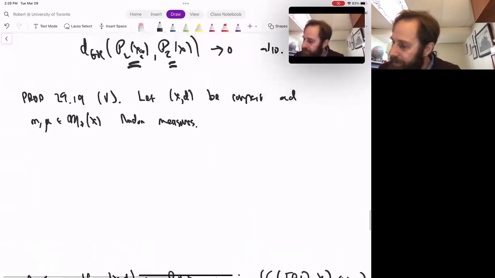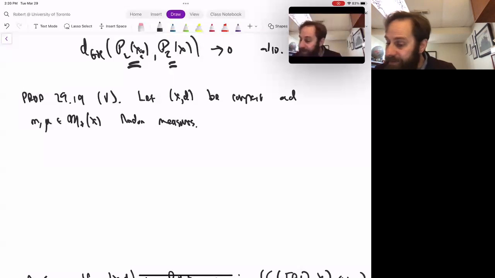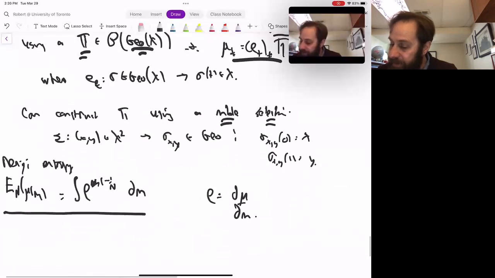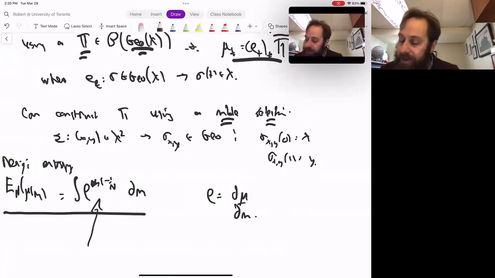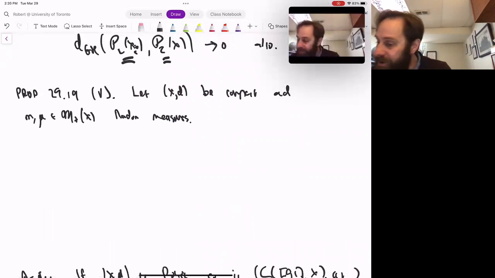Fair enough. So let's come back to this proposition. I don't have to deal with all these other possible energies. I only need to deal with the rho log rho energy, and that simplifies statements like the following proposition.